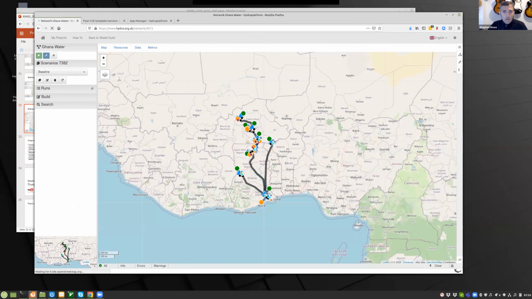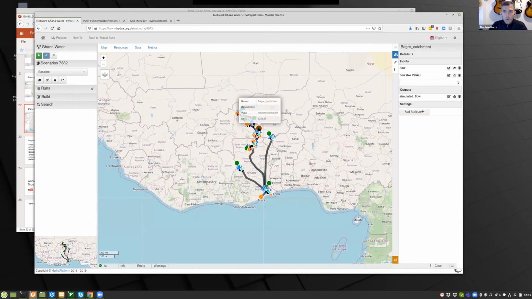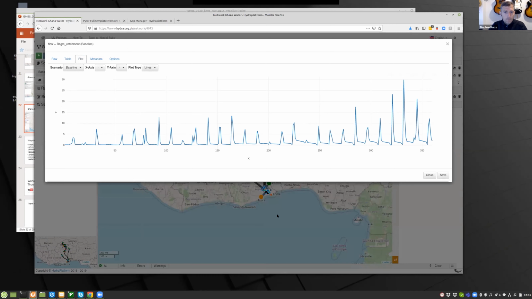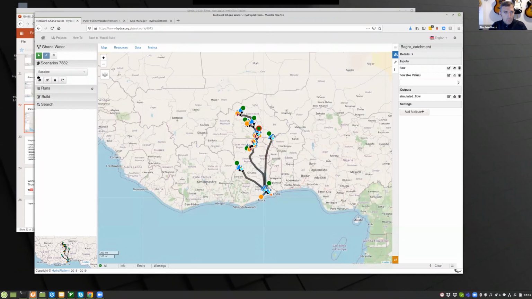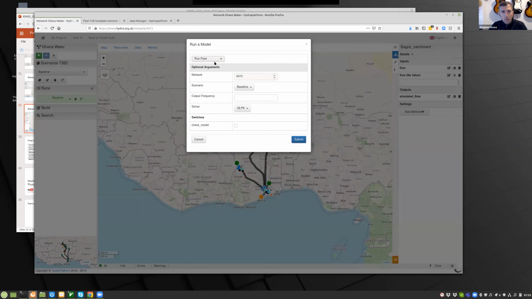When I go in here, I can see the network itself. I can click on one of the nodes, and I can see some data. There's some flow data associated to this node, like so. So each of these values is editable. You can navigate around this network and change values as you like. And then, like I was talking about before, you can click the run button, choose one of these.